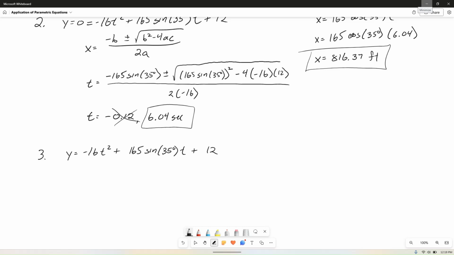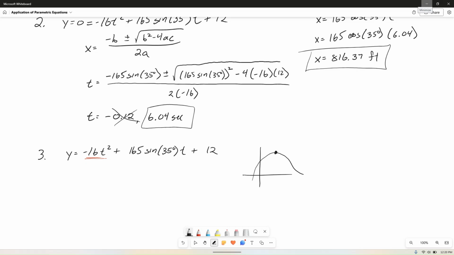And make sure that you're in degree mode on your technology for all of this, otherwise it will not give you the right answers. This is a quadratic equation because it's t squared, and it opens down because it's a negative t squared term.